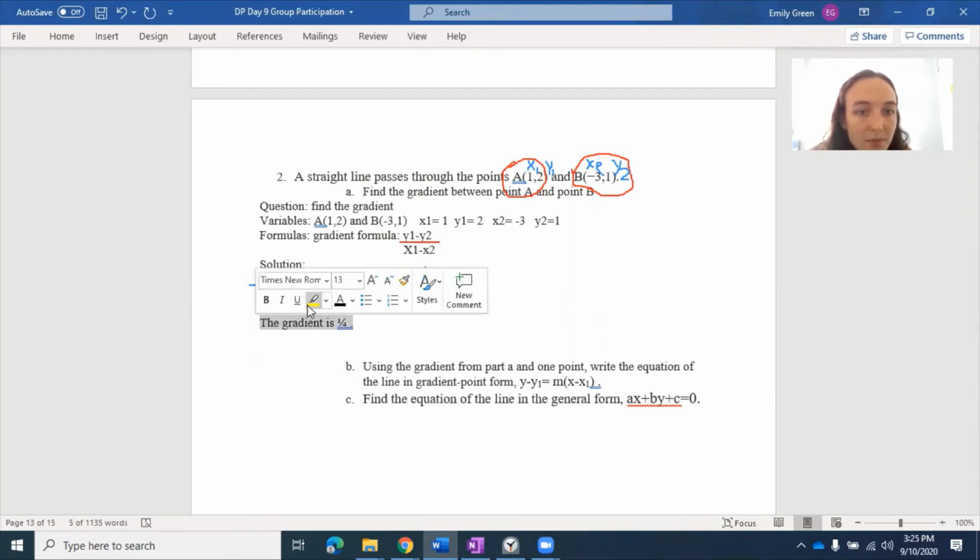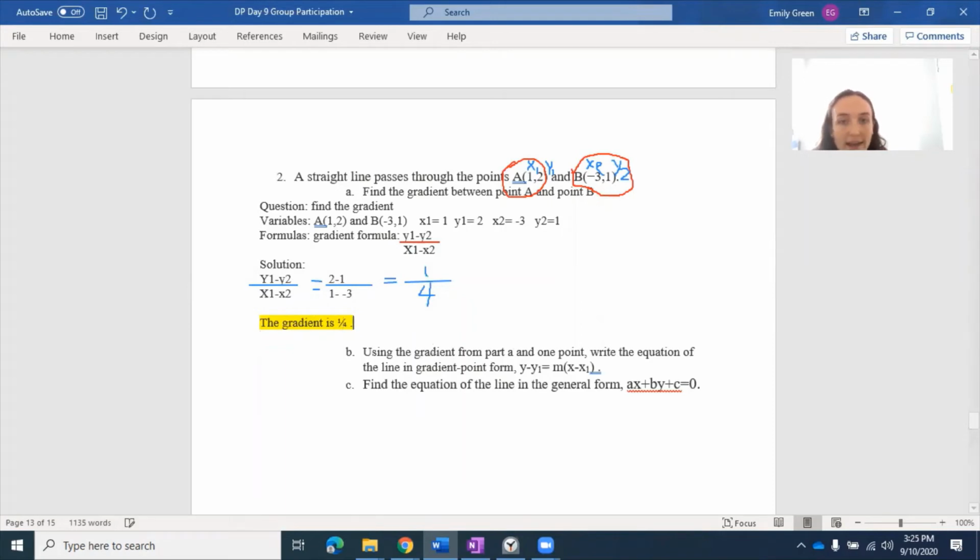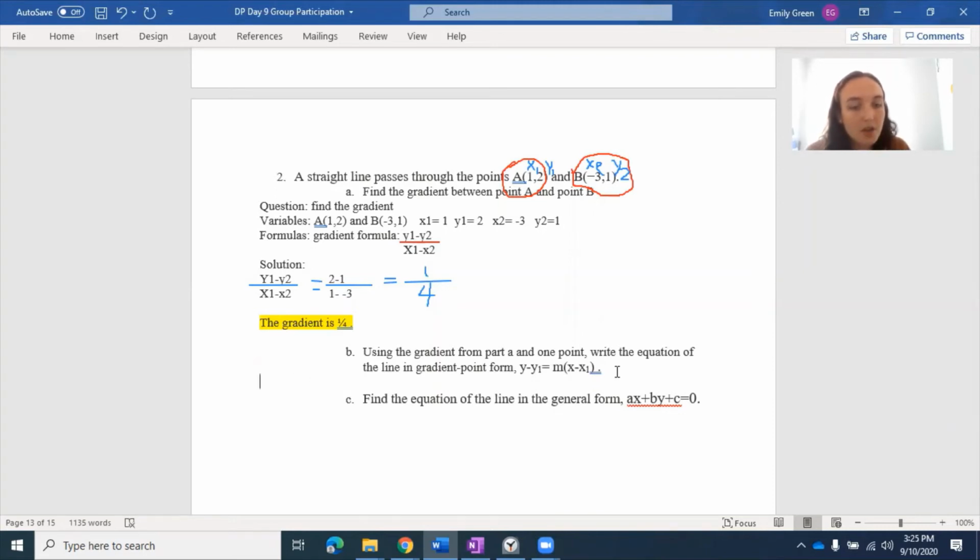Now when we move to part B, it says using the gradient from part A and one point, write the equation of the line in gradient point form. So again, the question is asking us to find the equation in gradient point form.